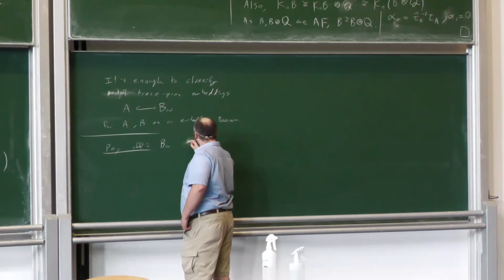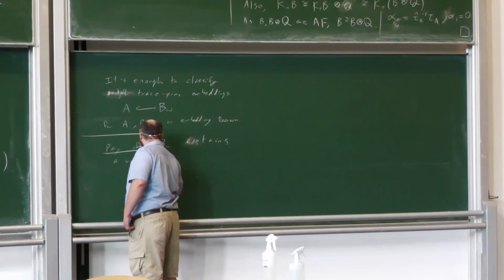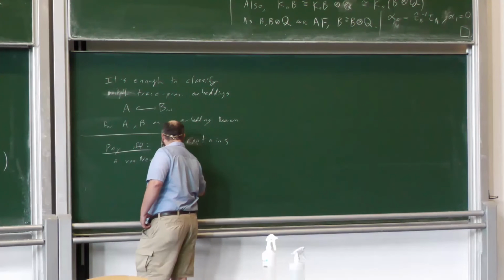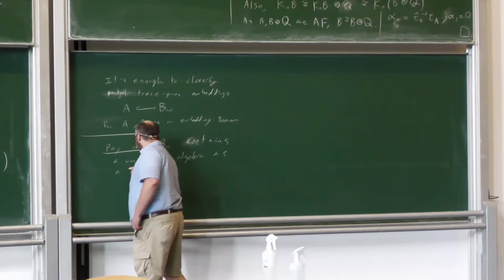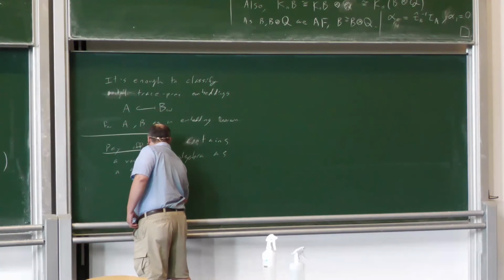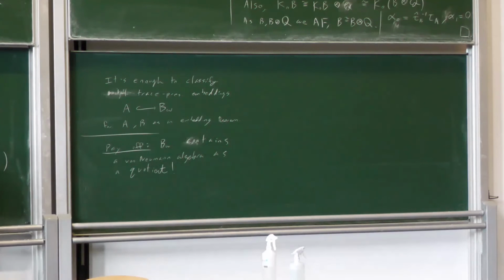But it turns out it contains a von Neumann algebra quotient. You think of C-star algebras usually as being somehow much smaller than von Neumann algebras. But when you pass to the ultrapower level, you can actually map the C-star algebra onto a von Neumann algebra quotient.